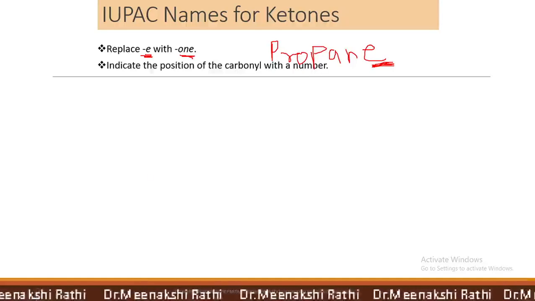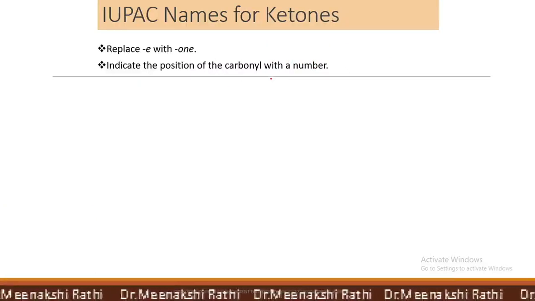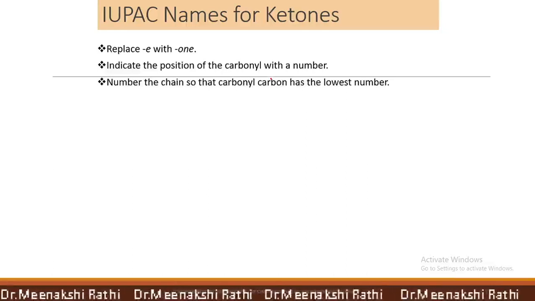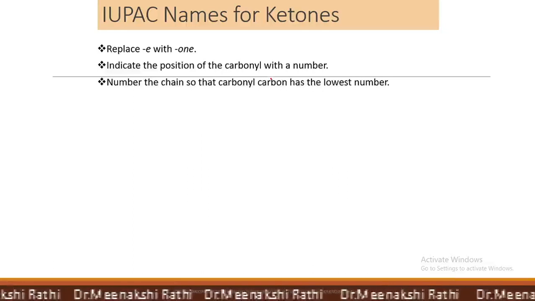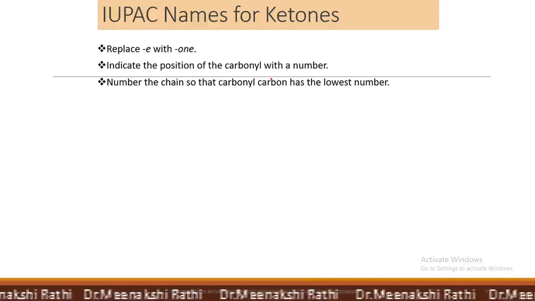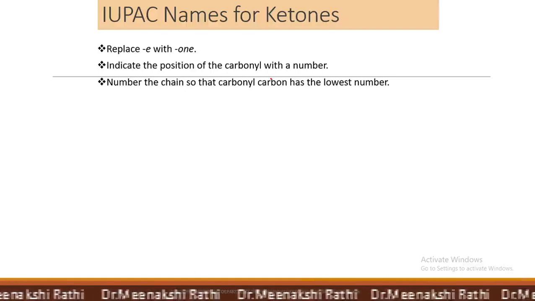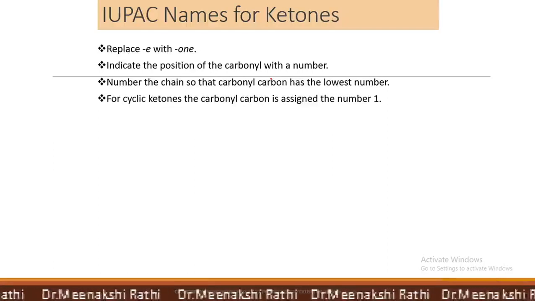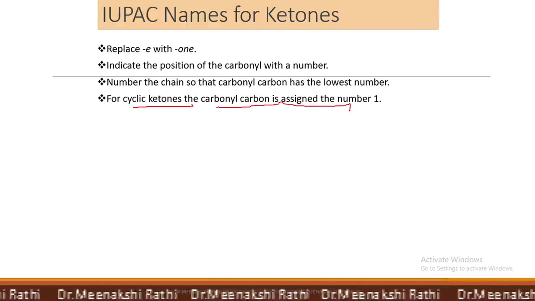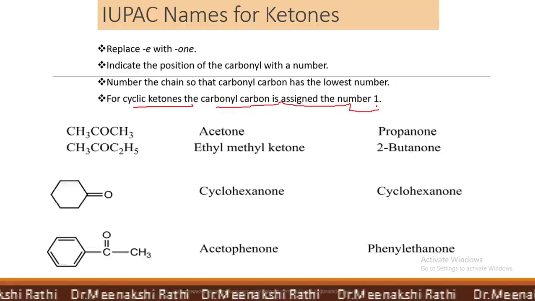Indicate the position of the carbonyl group with a number, not with Greek letters but with numbers. Number the chain so that the carbonyl carbon has the lowest number. We can number from either the right side or the left side, but in such a way that the carbonyl carbon has the lowest number. For cyclic ketones, the carbonyl carbon is assigned the number 1. We will discuss this when we consider the example.